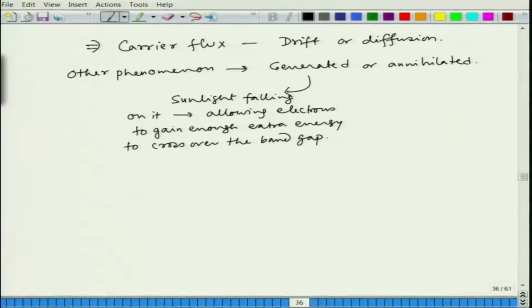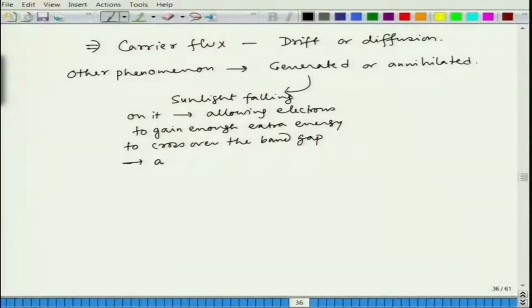So, when an electron crosses over the band gap, what happens? An electron hole pair will be generated. So, that is how the generation will happen.